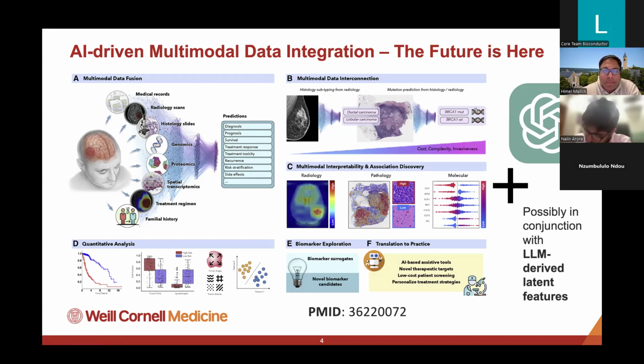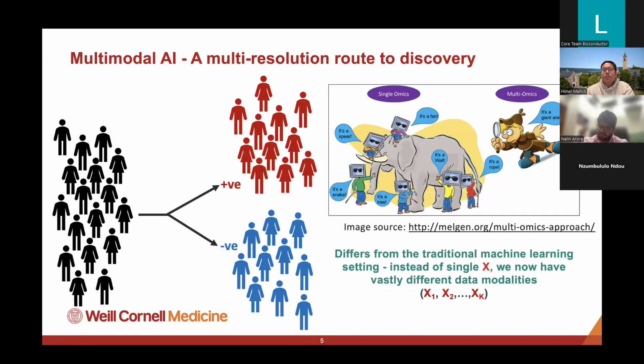And nowadays, with the AI-driven or LLM-derived features, we can possibly do a better job. So that's the hope. And I will simplify this using this cartoon of an elephant. If you think from a single omics standpoint, we are mostly looking at a different part of the elephant and possibly concluding relatedly based on our observation from that single omics.